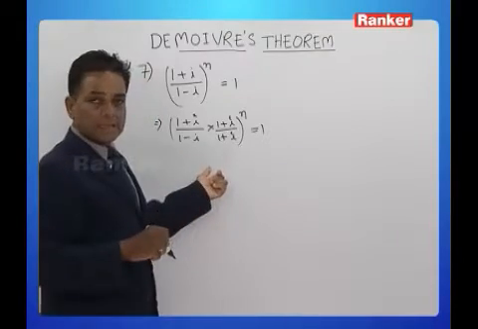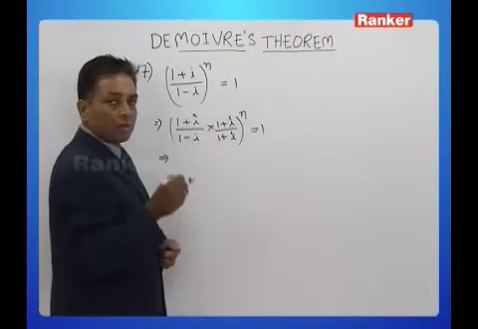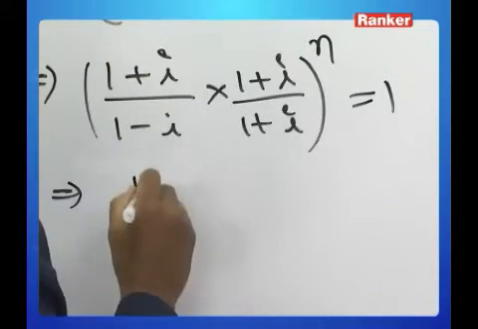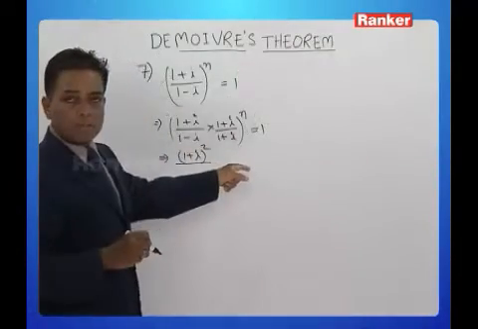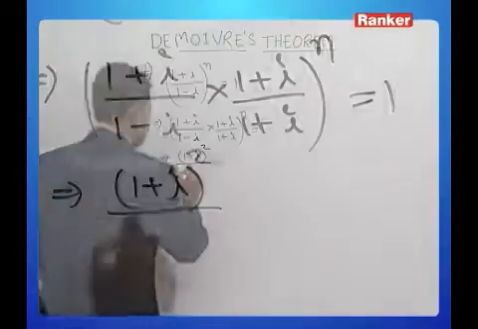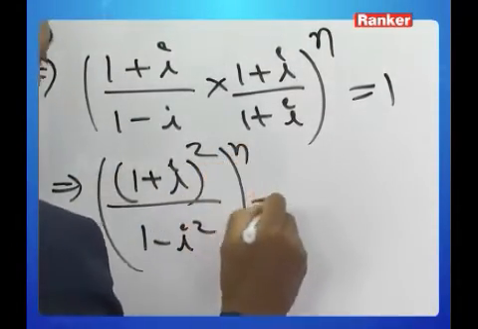Now after rationalizing the denominator, 1 plus i into 1 plus i, whole square, by 1 minus i into 1 plus i, a square minus b square, whole to the power of n is equal to 1.